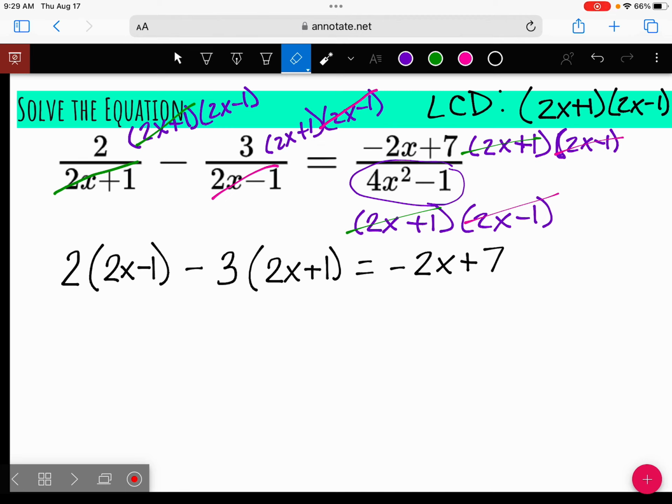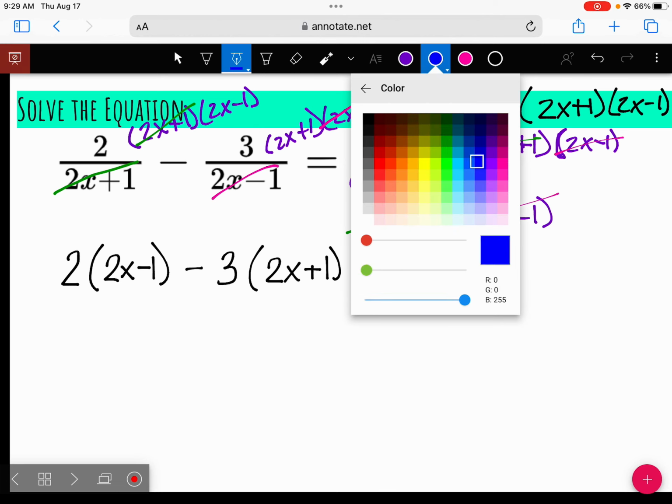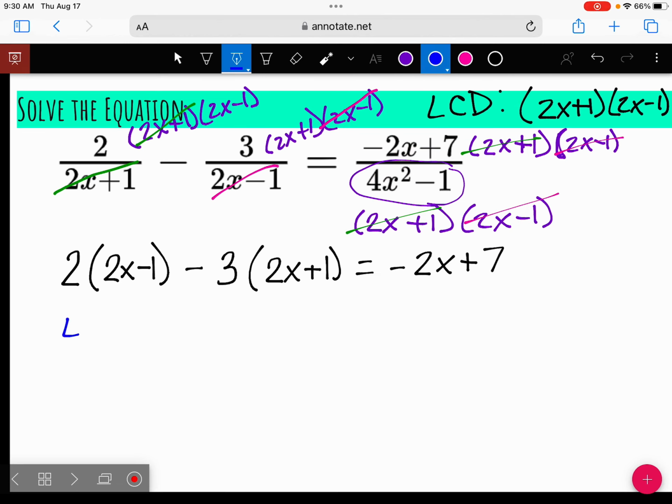And then what we do is we simplify. There's no more fractions. We just have x's. So we're going to distribute. And we're going to get 4x minus 2 minus 6x minus 3 equals minus 2x plus 7.